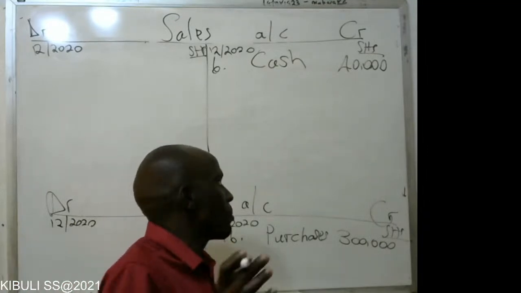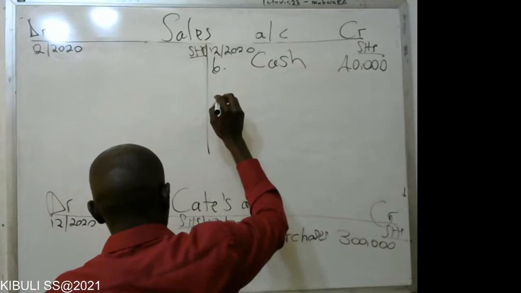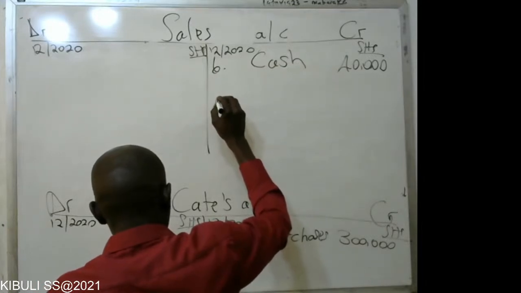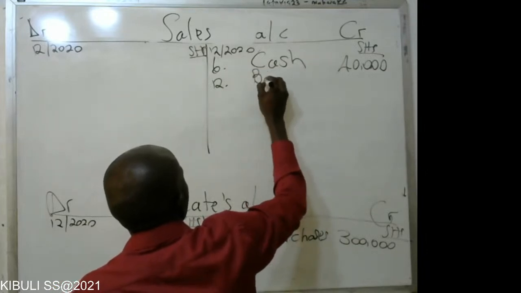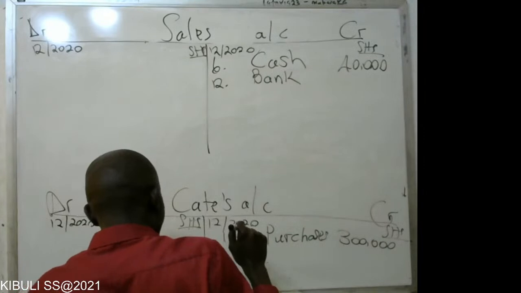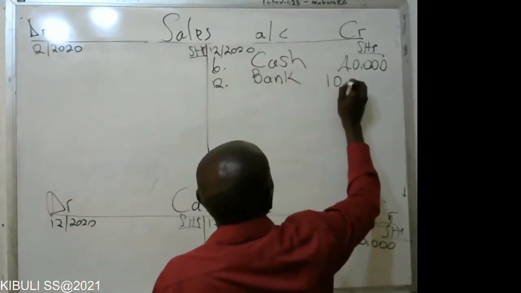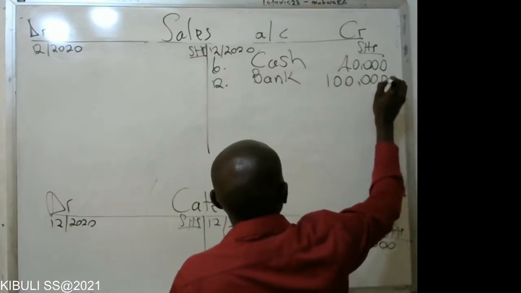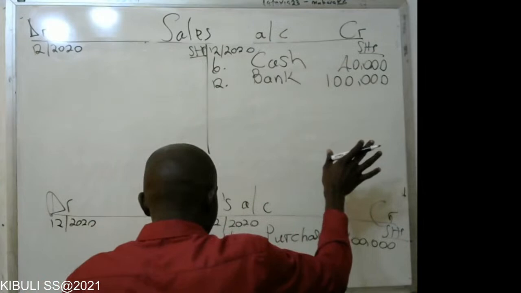So implying that we come to the credit side on 12th. So here it will be bank. How much was it? It was 100,000. So we have recorded in the sales account.